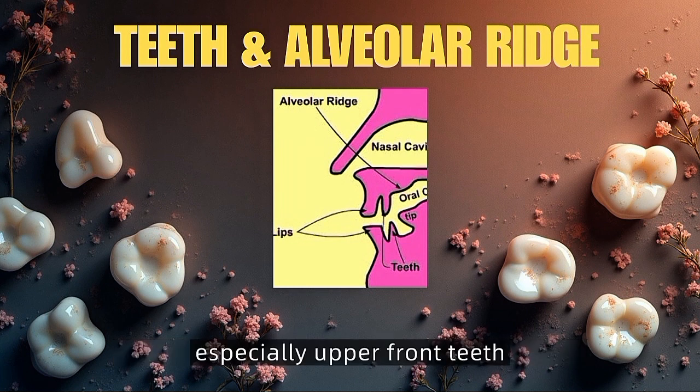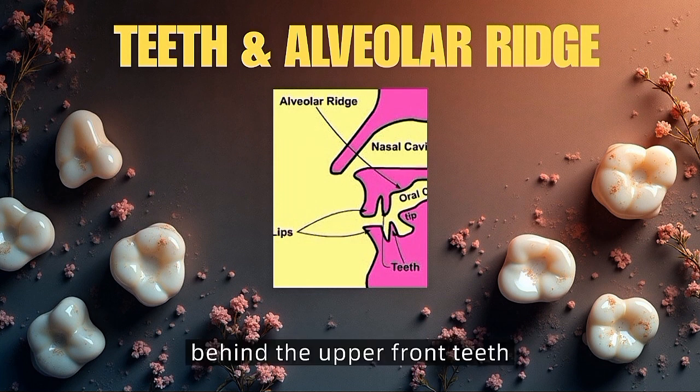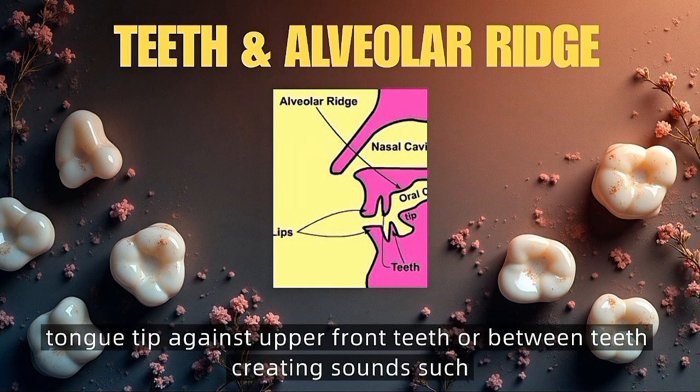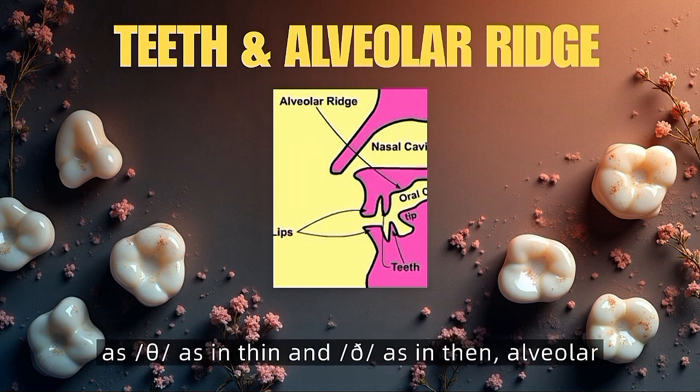The next one is teeth and alveolar ridge. The teeth, especially the upper front teeth, and the alveolar ridge, the bony ridge immediately behind the upper front teeth, form key contact points for articulation. Dental sounds: tongue tip against upper front teeth or between teeth, creating sounds such as th as in thin and the as in then.